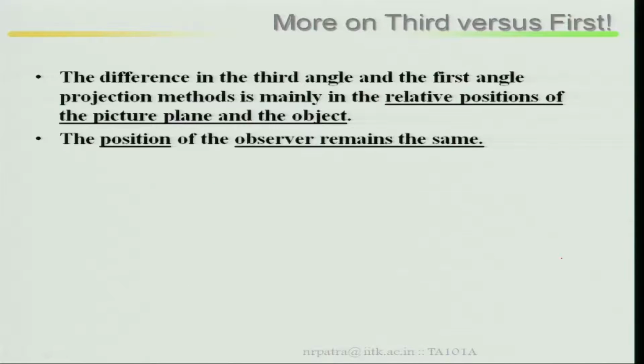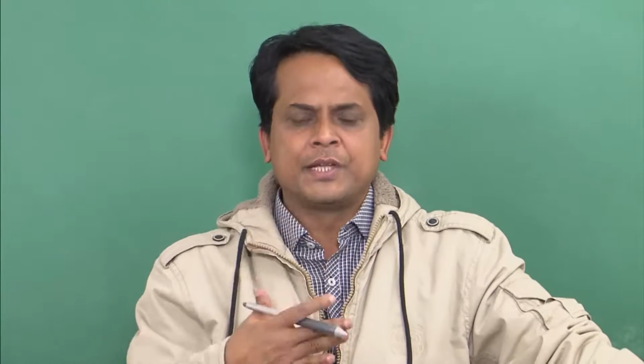The difference in the third angle and first angle projection methods is mainly in the relative position of the picture plane and the object. The position of the observer remains the same.